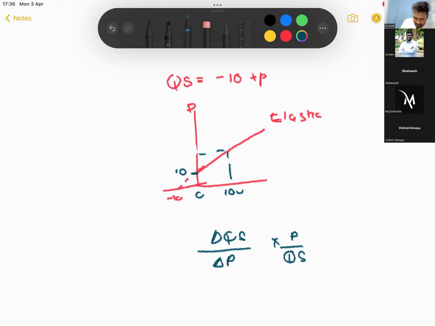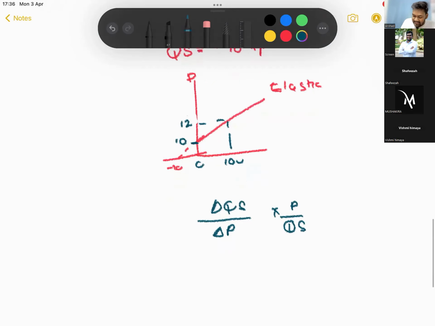So the change in quantity supplied is 100, 0 going to 100. Change in price is 2, multiplied by, I'm finding at this price, so at this price is 10, QS is 0. When you solve this equation, you will get infinity, because anything divided by 0 is infinity. So I'm not going into numbers and all of that, guys.